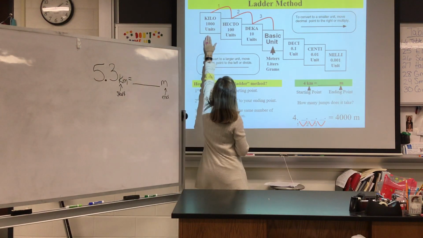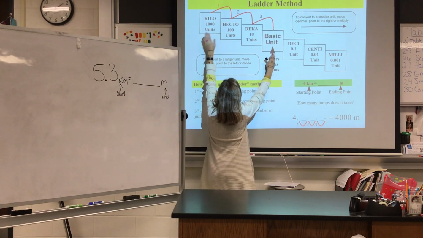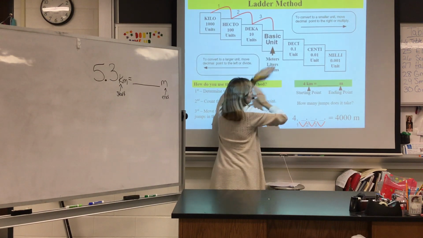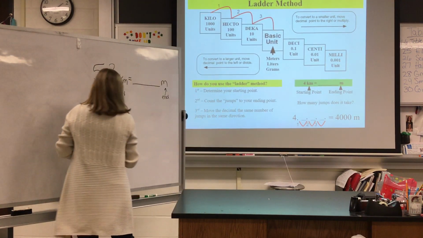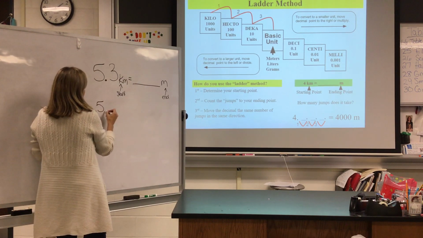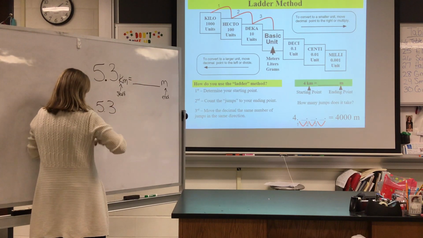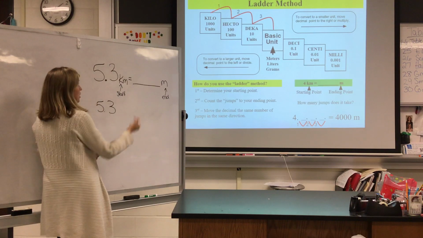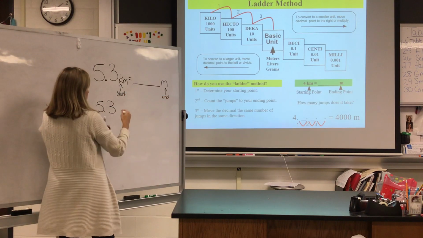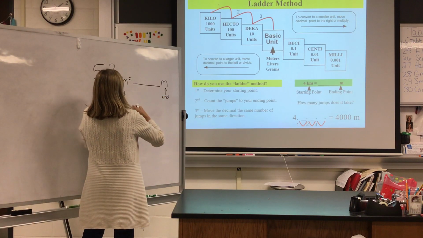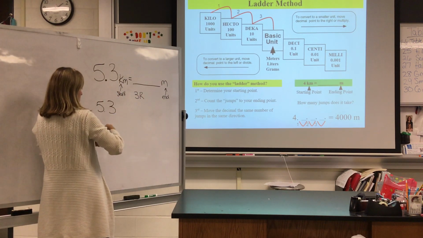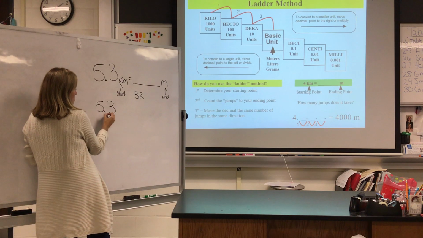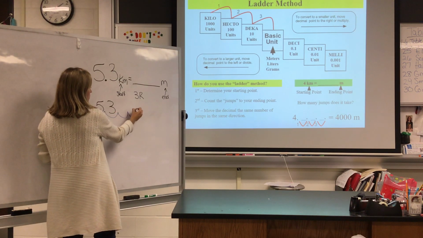So I start and I end. 1, 2, 3 to the right once again. So I'm going to rewrite my number. And I'm going to go 3 jumps to the right. Okay, put my pencil on my decimal. 1, 2, 3.